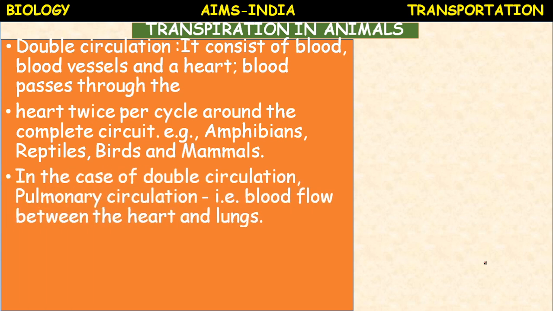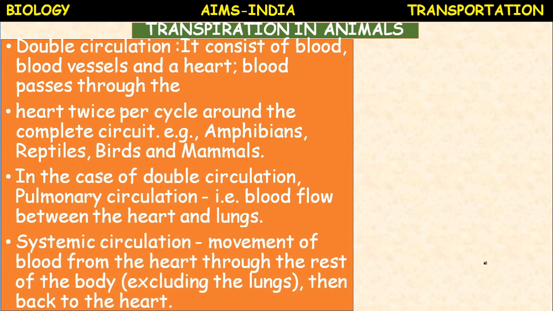In the case of double circulation, pulmonary circulation, that is blood flow between the heart and lungs, that is called pulmonary circulation. And systemic circulation.